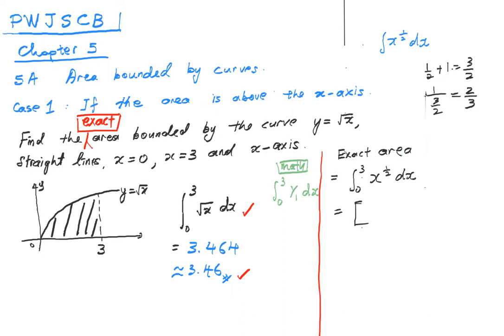So what I can write down is 2/3 x to the power of 3/2, from 0 to 3. And if you want to make your calculation much easier, you please write down 3/2 power means x times root x. So all this, if you are not familiar, you better write down in your 1-page handwritten notes.